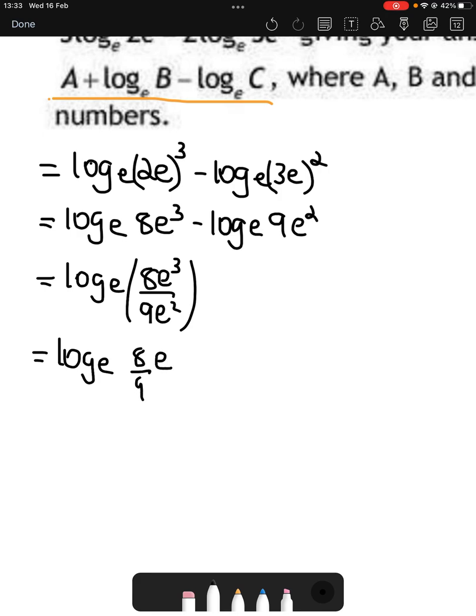At this point, if we draw our attention back to this line here, we're thinking about how we are going to get from there to there. So they've got some number plus something, take away something. Now, if we think about it, what you've really got is 8 divided by 9 times e. If you work backwards from your log rules, log e to the 8, when you divide, you take away, and multiply, you add.